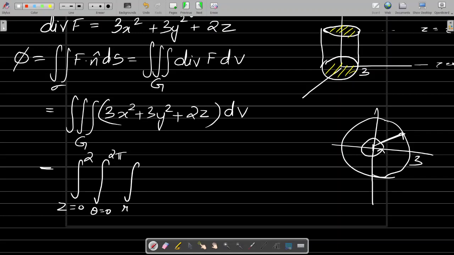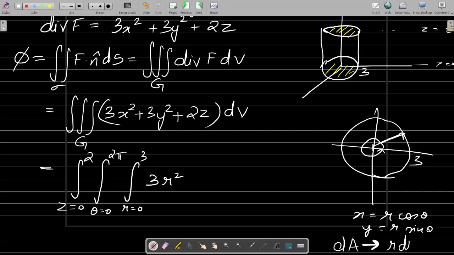Then you will have 3 times x squared plus y squared. With x equals r cos theta and y equals r sin theta, x squared plus y squared equals r squared, so you will have 3r squared. And instead of dA you will have r dr d theta. So 3r squared plus 2z, times r dr d theta.